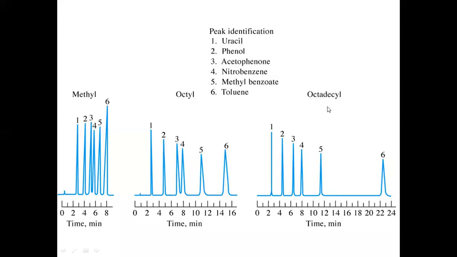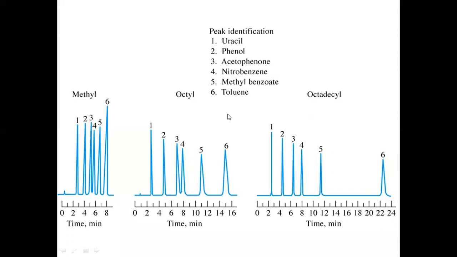This stationary phase has been used for the separation of six compounds presented here, namely uracil, phenol, acetophenone, nitrobenzene, methyl benzoate, and toluene. If you subject a mixture of these six compounds to separation by HPLC using three different stationary phases such as methyl silane, octyl silane, or octadecyl silane.